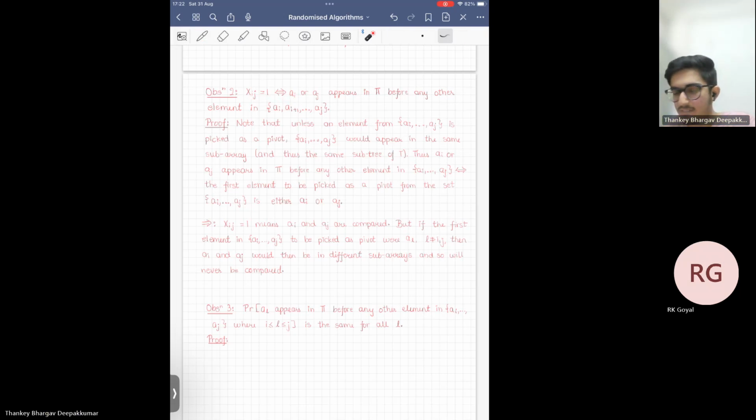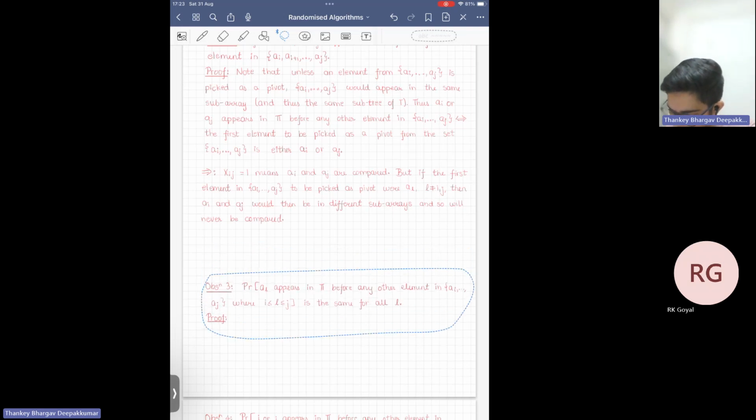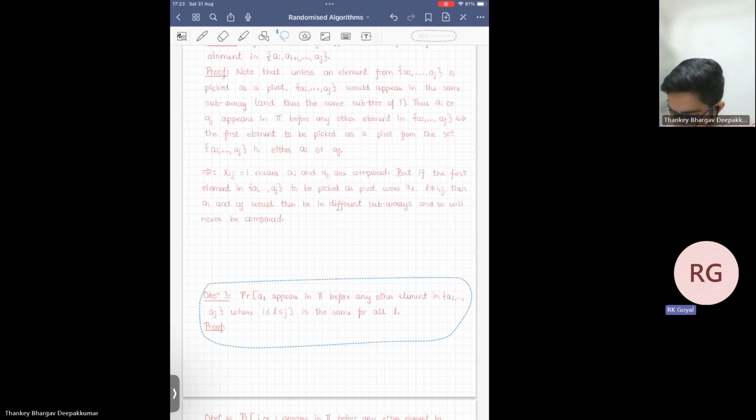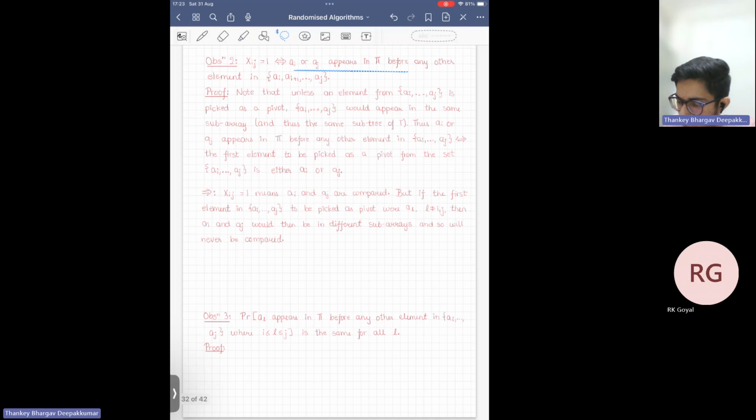If Xij equals 1, then by the very definition of Xij, AI and AJ must have been compared, right? Now suppose that Xij is equal to 1, but this did not happen.